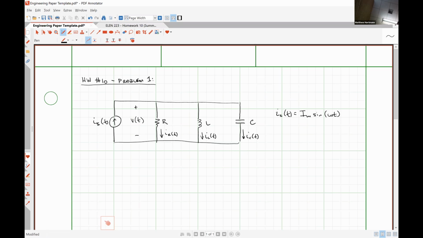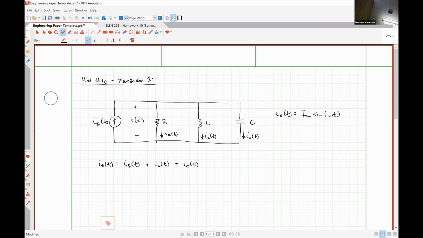So if I apply Kirchhoff's current law at the top node, I can see that IS of t is equal to IR of t plus IL of t plus IC of t.